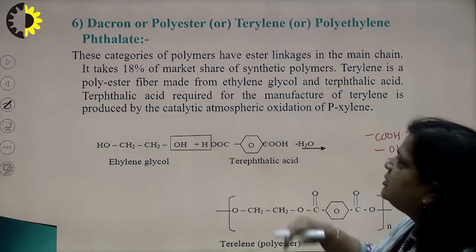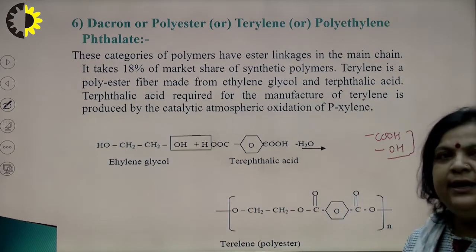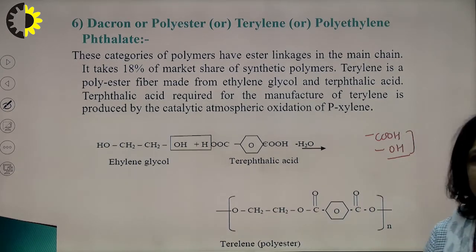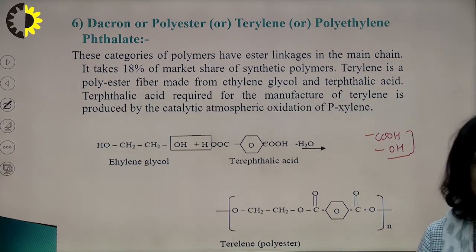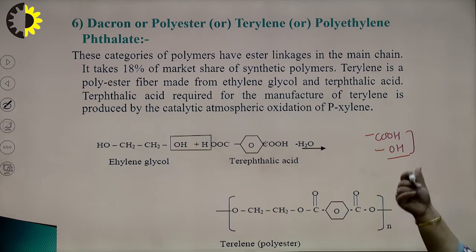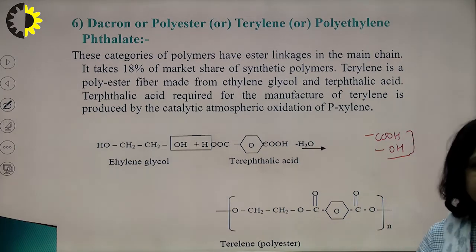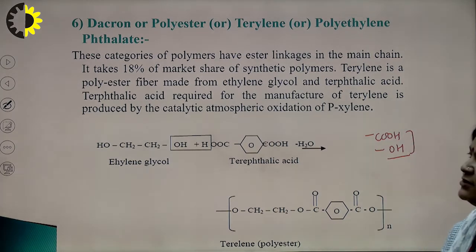So, this category of polymers has ester linkage in the main chain, and it takes 18% of the market share of synthetic polymer. It is the polyester fiber, which is terylene, Dacron, formed by polymerization of ethylene glycol and terephthalic acid.